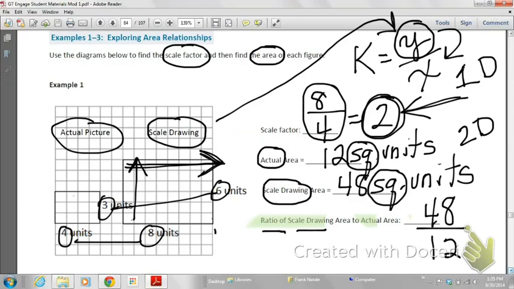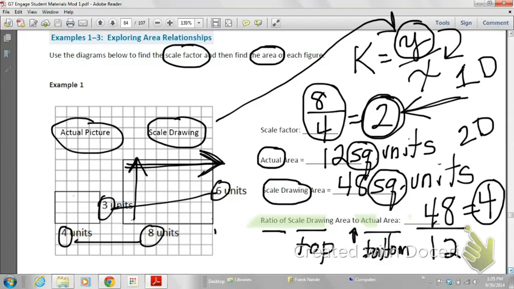That's always going to be on the top, your numerator, to actual, which is going to be the bottom number, or the denominator. There you go. 48 over 12 is the same as 4. So the ratio of the scale drawing area to the actual area is 4.